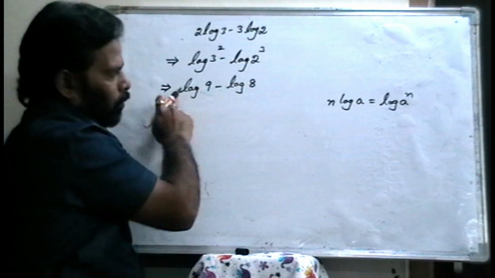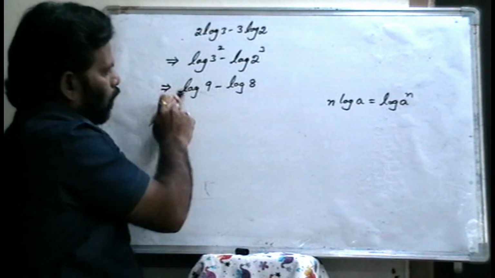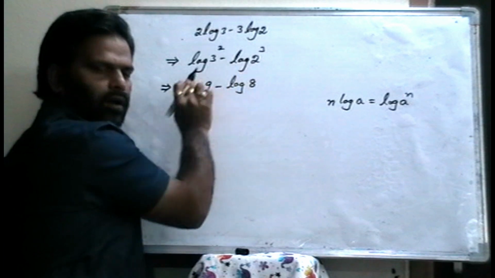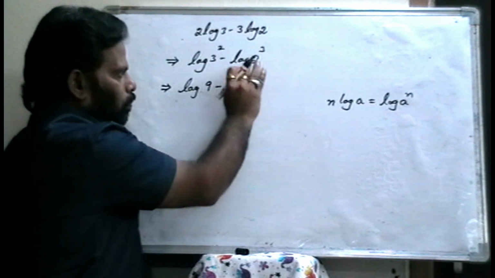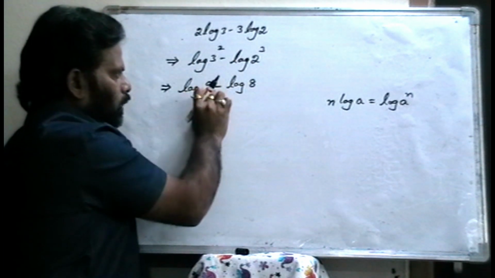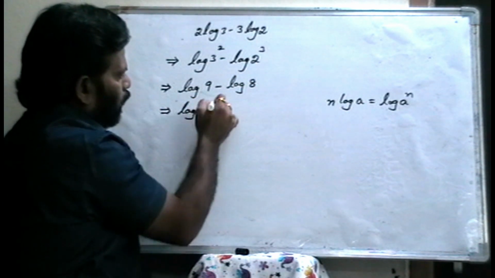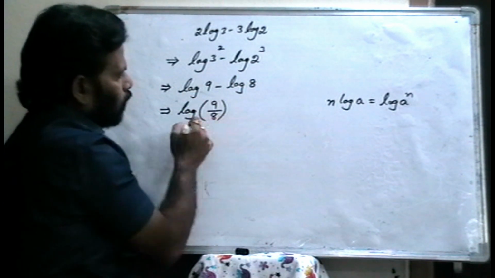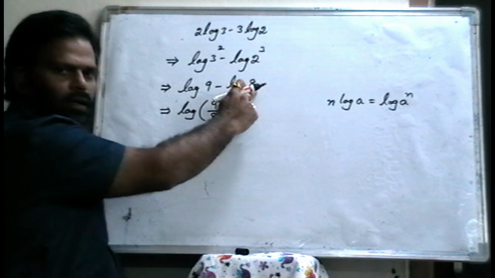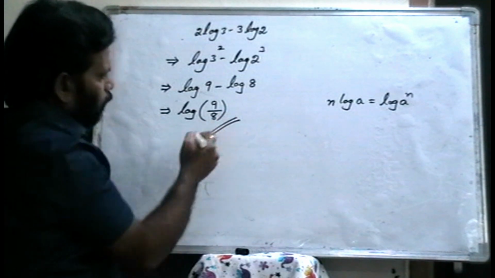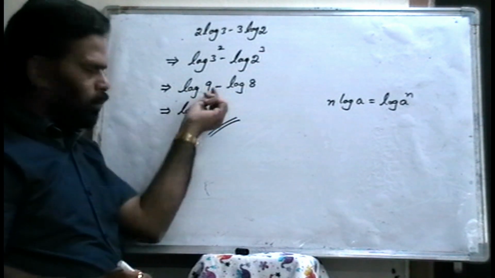Now it is in the form of log a minus log b. Log a minus log b is equal to log a by b. So it is in the form of a single logarithm, log 9 by 8.